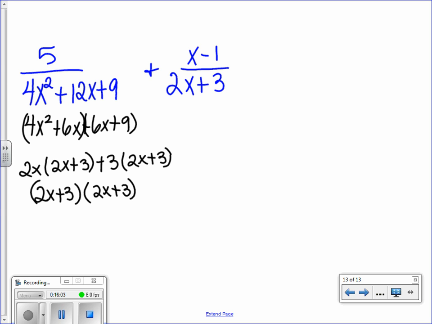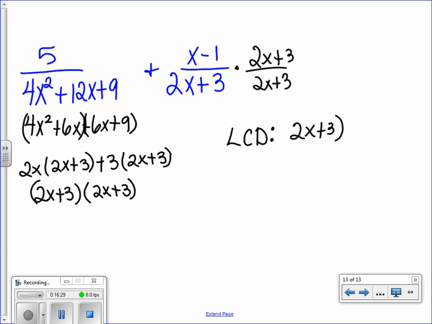Okay? Well, that has a 2x plus 3. So do I need to multiply anything? Yeah, because how many 2x plus 3s does this one have? 2. And how many does this one have? This has 1. Yeah. So I would have to multiply this times another 2x plus 3. So my least common denominator. Can I save some time and just write 2x plus 3 squared? And what can x not be?